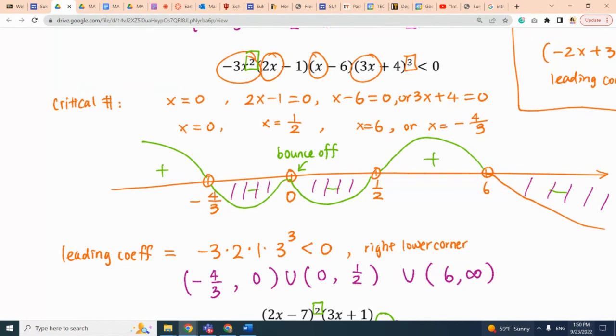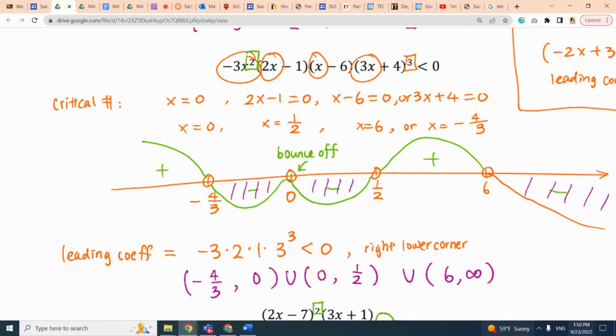So we start with the right lower corner, and then when we reach 6, what happened? 6's multiplicity is odd, so we cross. 1/2 multiplicity is odd, we cross. 0 is squared, so we bounce off, right? And then -4/3 is odd, right? So that's why we cross it.